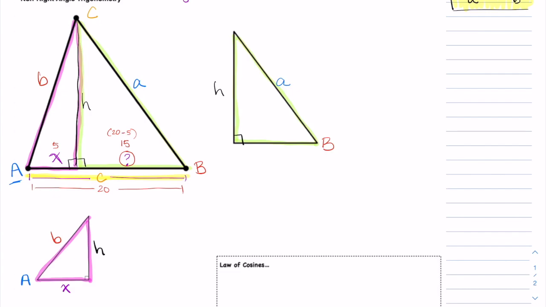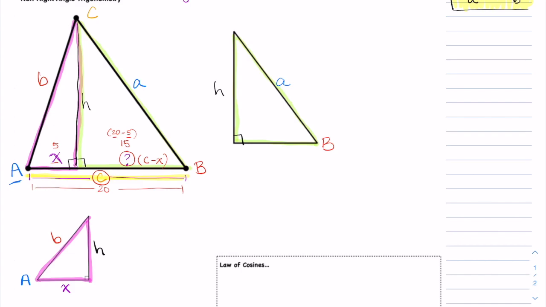If I use that same logic, then I'm going to also be able to see that what was 20 in this case, right, came from c. So c, I can also write this as c, that would be the 20, minus 5 would come from the x.